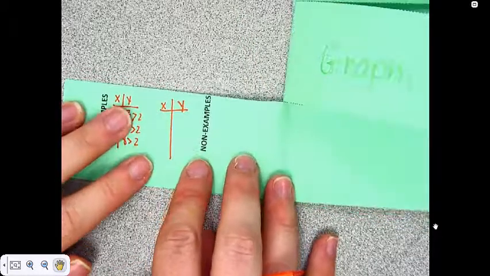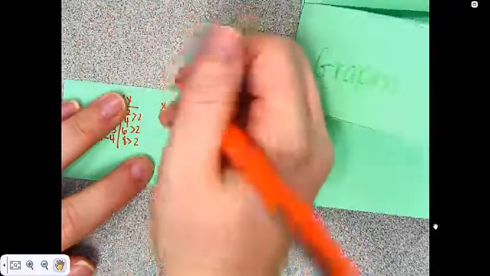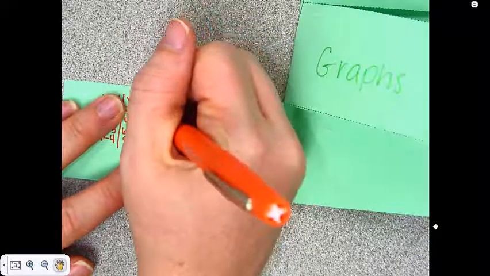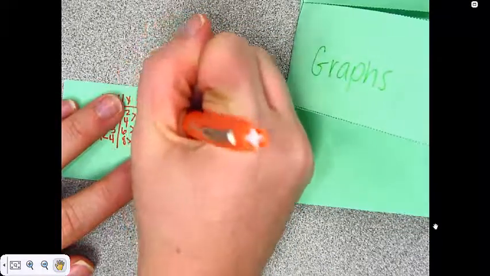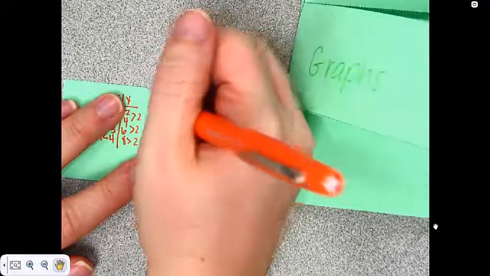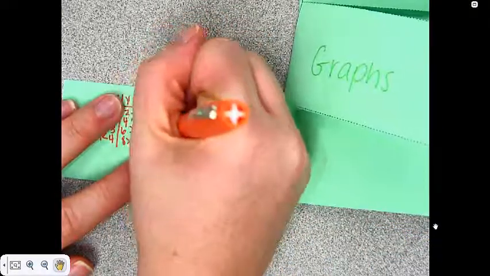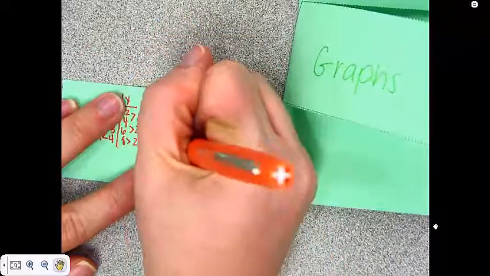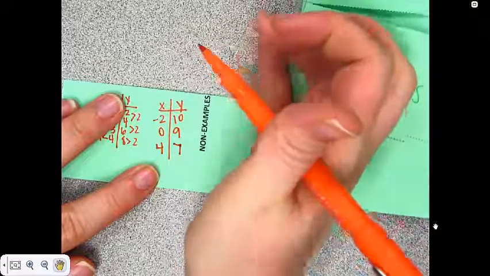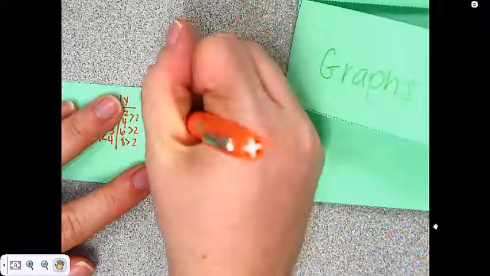Okay, so I have x and y. I'm going to have negative 2, 10. I'm going to have 0, 9. And then I'm going to have 4, 7. Okay. From 10 to 9 is minus 1.